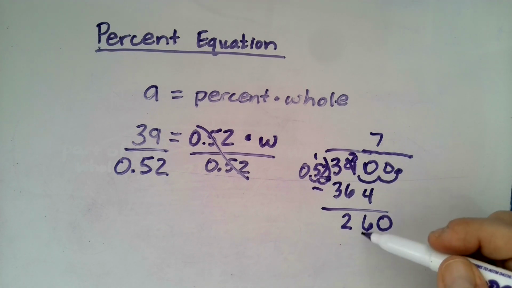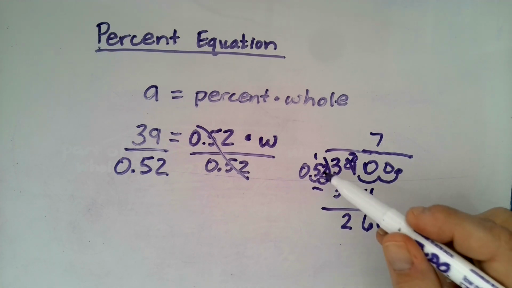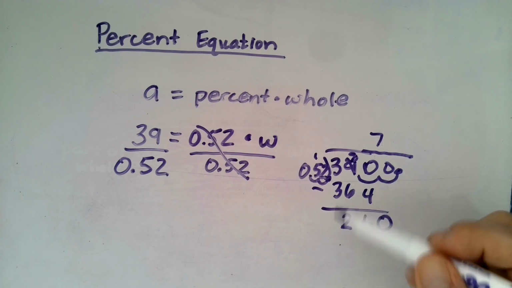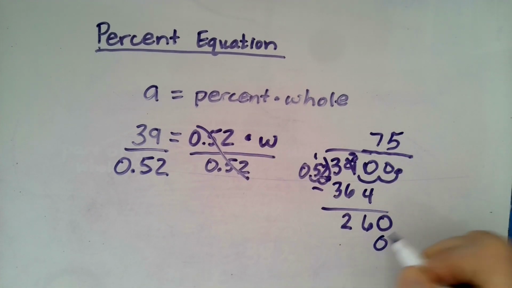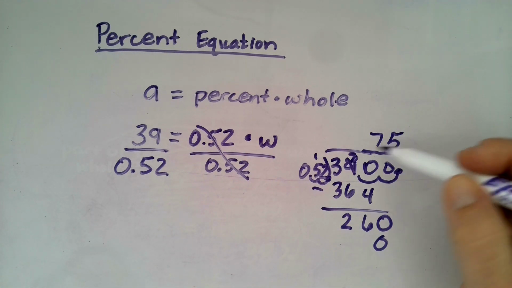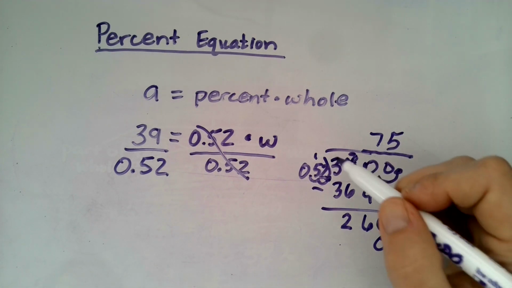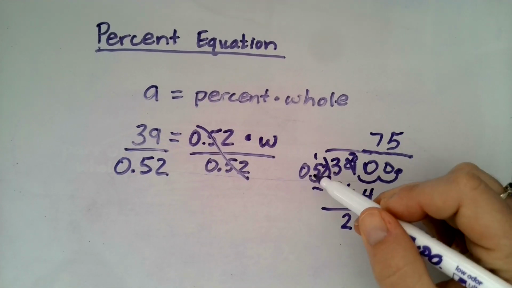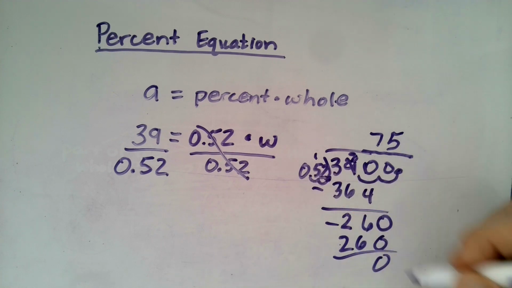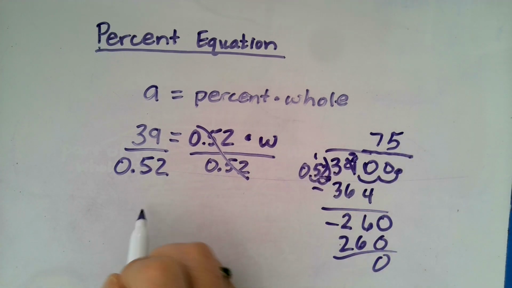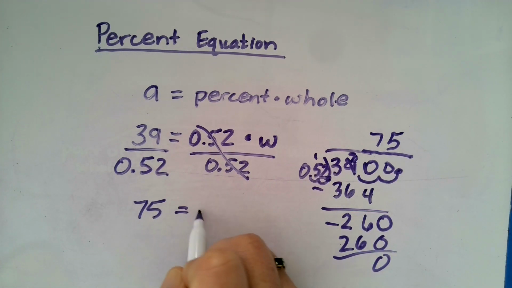Okay, so this is about 250. This is about 50. So I'd say it goes in about 5 times. So 5 times 2 is 10. And we have 5 times 5 is 25 plus 1 is 26. All right, so we have 75 equals W.